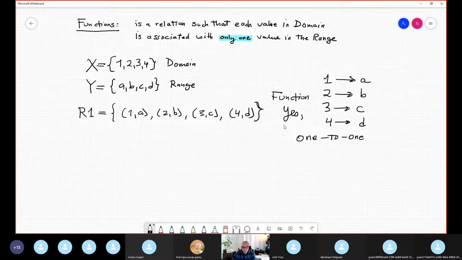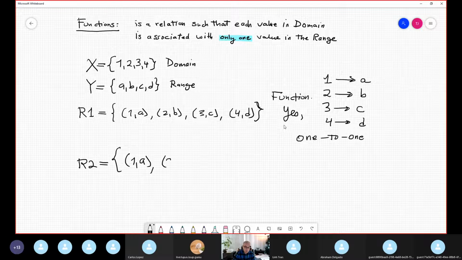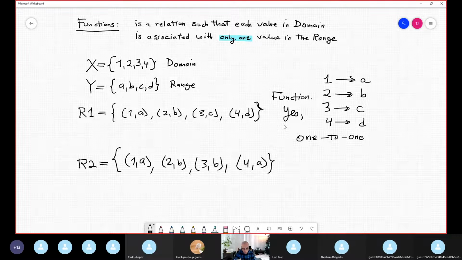Suppose another example that clarifies the idea much better. Suppose 1, A again. 2, B again. 3, B. And 4, A. It's another arrangement I create here.